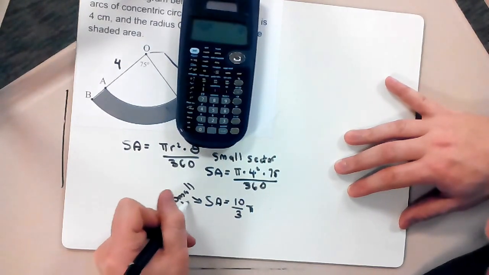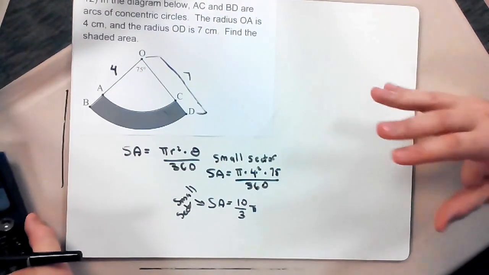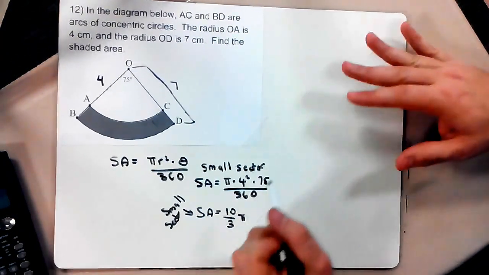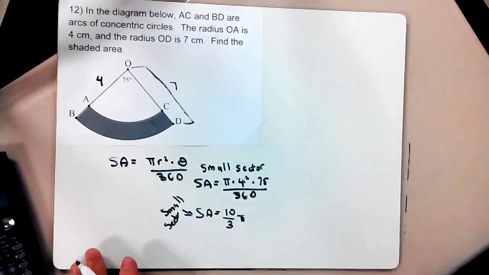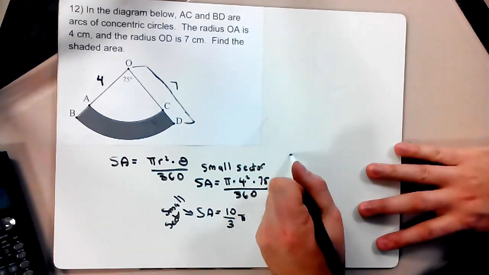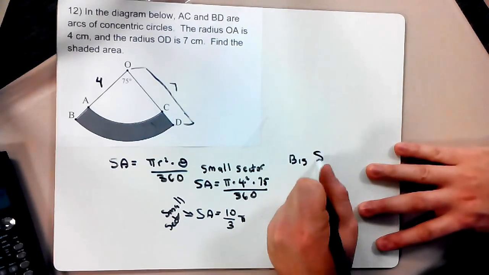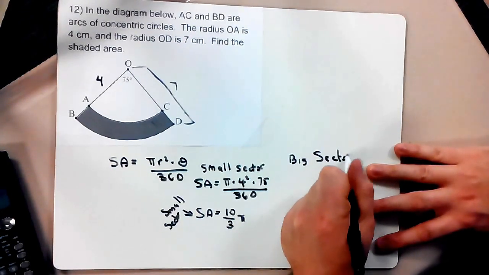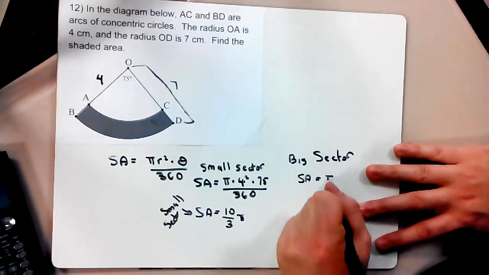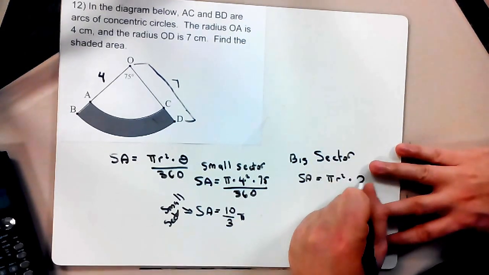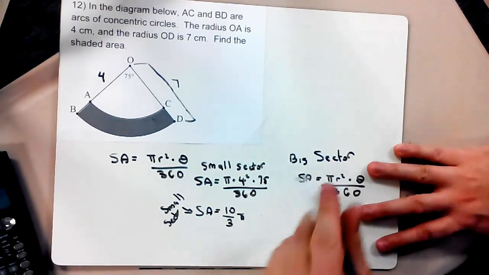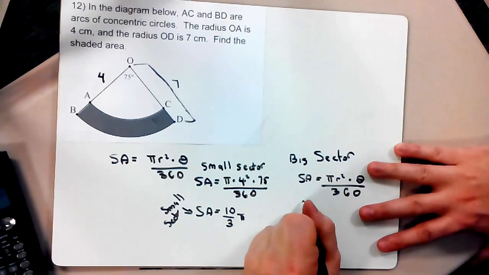I'm trying to label them twice to make sure you guys see what's going on. Okay, let's do the big sector now. Let me move that down. I think it could have fallen off the camera just a little bit. Alrighty, back on here. So now this is the big sector. Sector area equals pi r squared times theta over 360. I always like to write the formula out, then plug it in. It makes it easier for me.